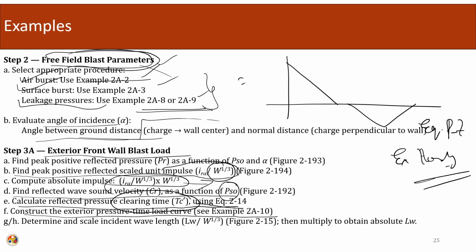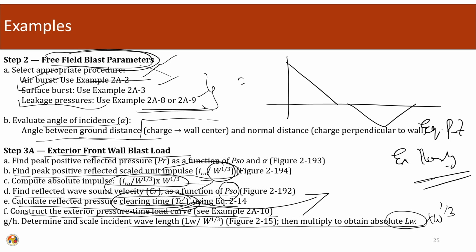In the last week there was no clearing time. Here the time is being adjusted for the exterior surface and the clearing time is being calculated. Then we construct the exterior pressure time curve and determine the scaled incident wavelength, and multiply it by the cubic root of weight to obtain the actual values.